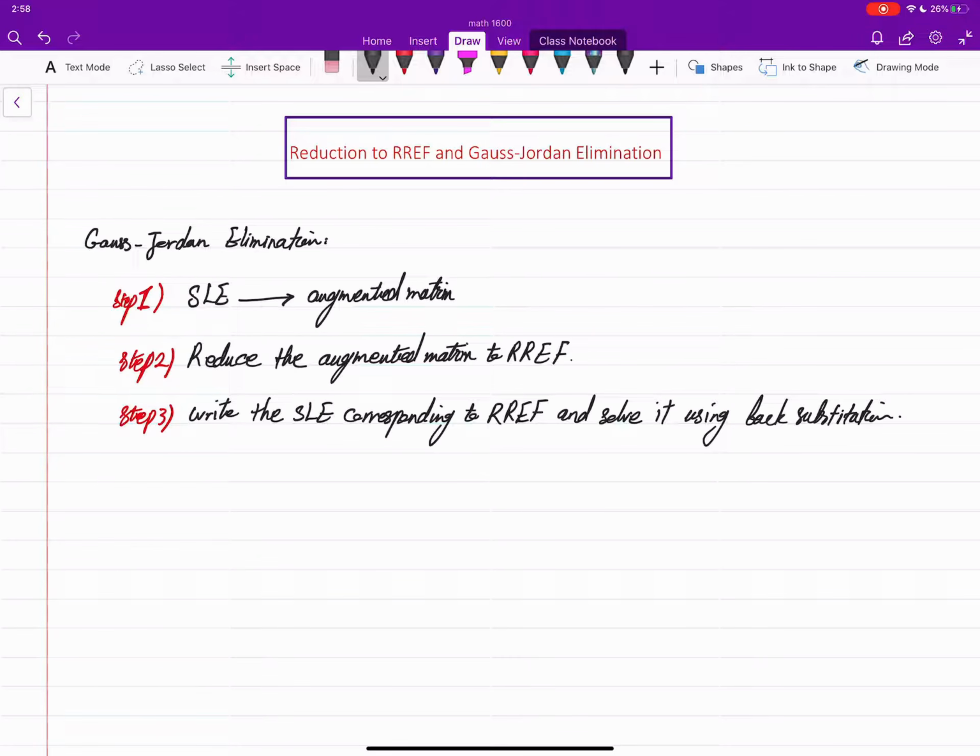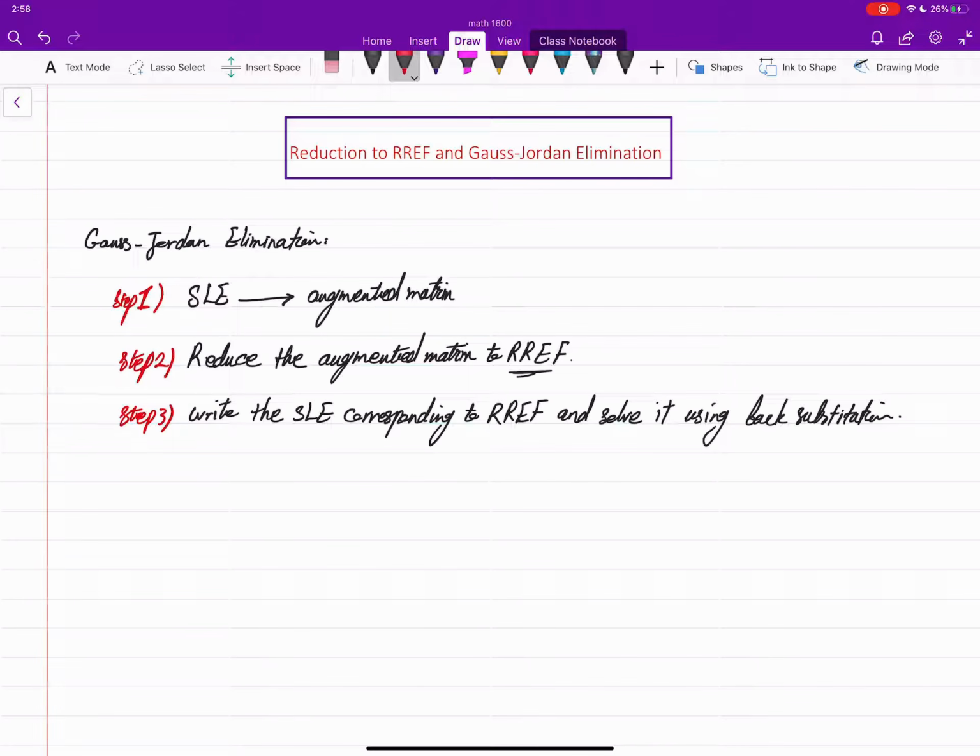In this case, since we are going to do reduced row echelon form, the back substitution won't take that much work. Basically, some of this back substitution is already done in reducing the augmented matrix to reduced row echelon form. Okay, so these are the steps as before. The only difference is here, reduced row echelon form.